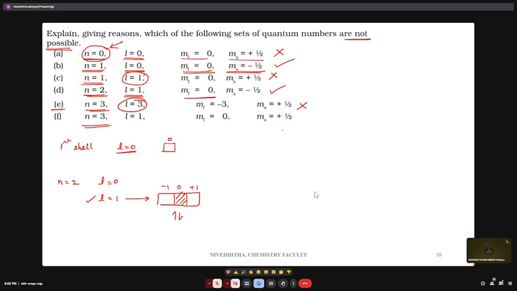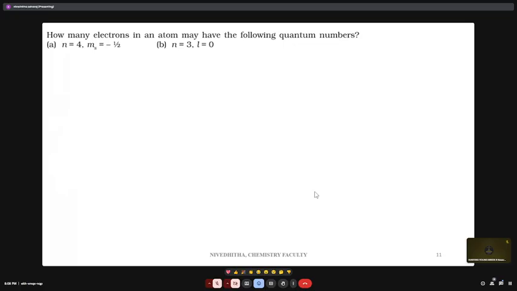Because in n is equal to 3, I can have l as 0, 1, and 2. There is one subshell in which I can have minus 1, 0, plus 1 magnetic quantum numbers. They are talking about 0. And in it I can have 2 electrons, plus half and minus half. This is right. Okay. Next question: how many electrons in an atom may have the following quantum numbers?